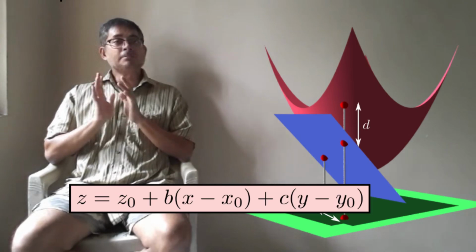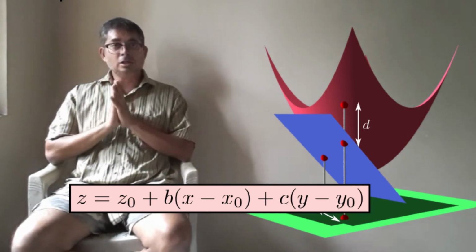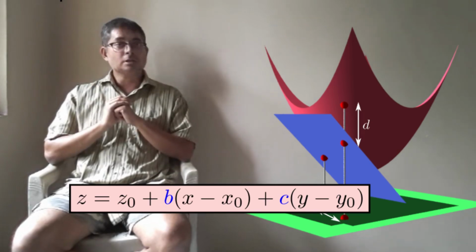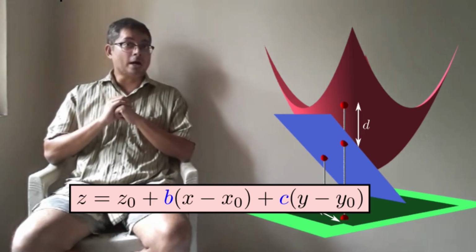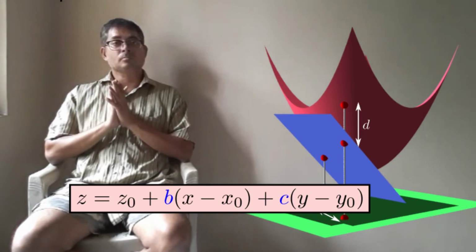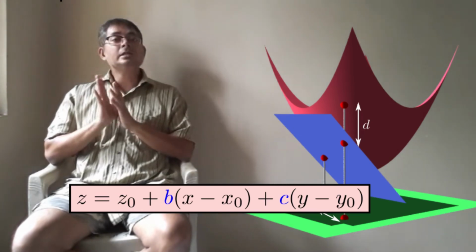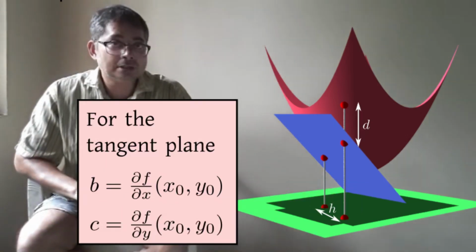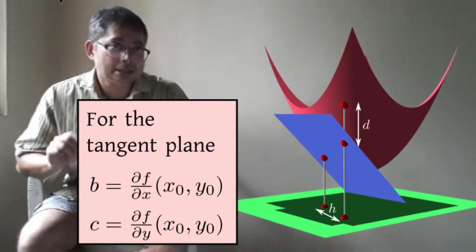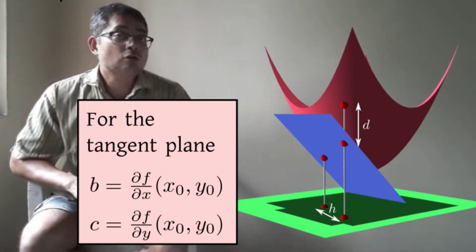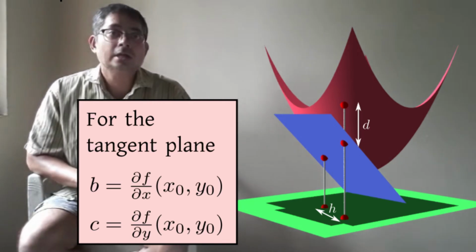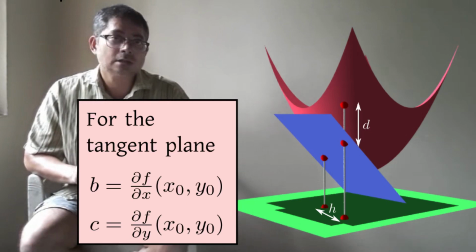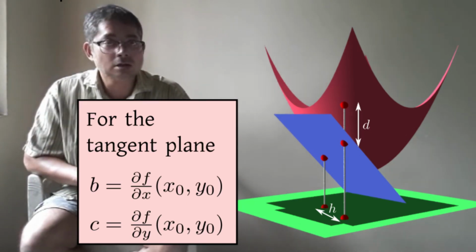So you see, such a plane is given by 2 slopes, the coefficient of x minus x0 and the coefficient of y minus y0. It turns out that these 2 slopes are precisely the partial derivatives of f at that point x0, y0. The coefficient of x minus x0 is the partial derivative of f with respect to x evaluated at that point x0, y0.